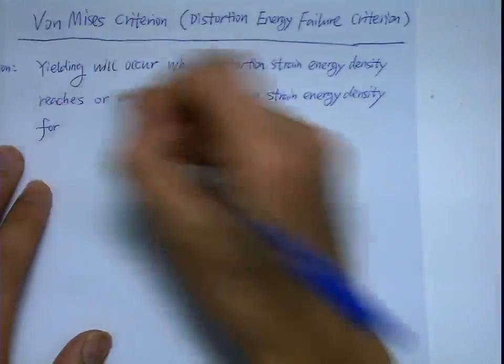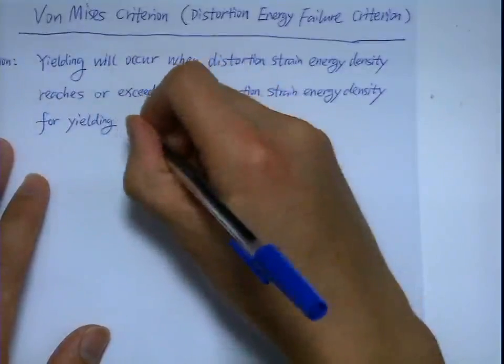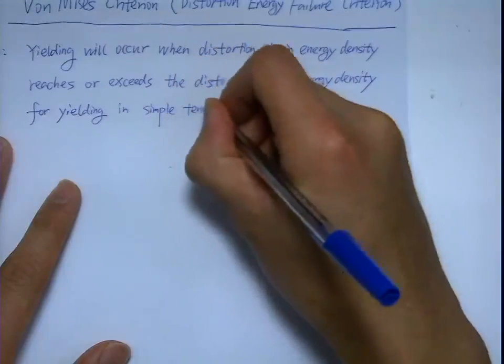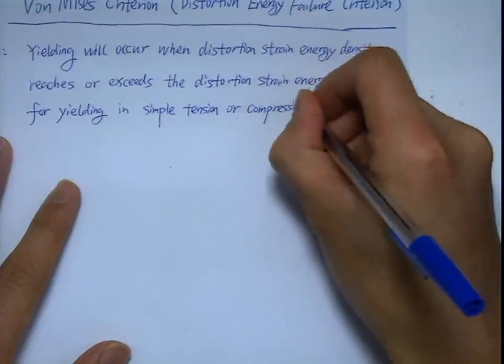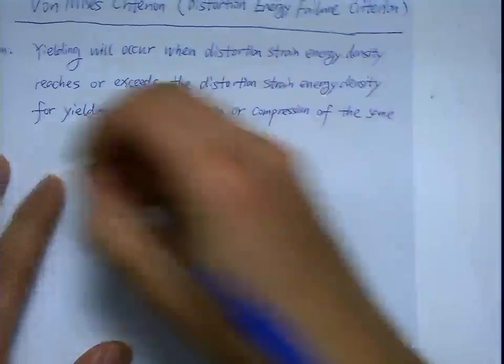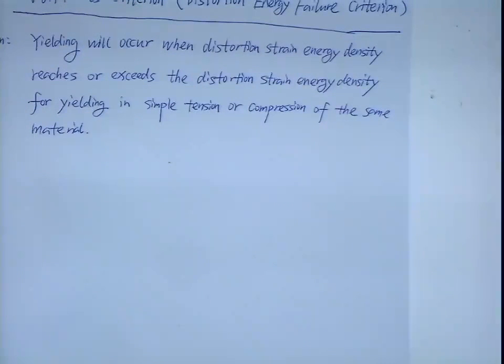For yielding in simple tension or compression of the same material. You say, well, what does that mean? Basically, you have a criterion here, strain energy, called distortion strain energy density.